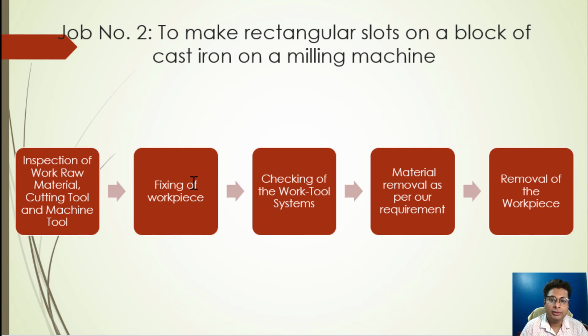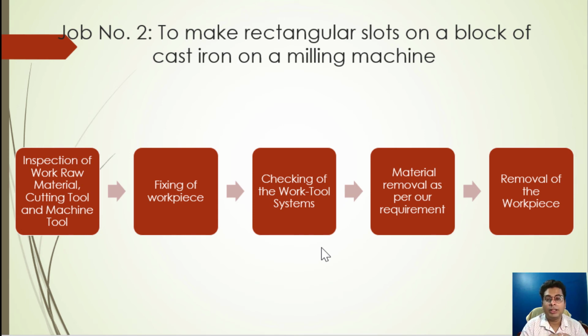After that, we need to fix the workpiece onto the vise. After fixing the workpiece, we check the work tool system before initiation of the metal cutting operation. We need to recheck the operations we need to perform. If we don't do that, it might happen that during machining of a particular component, the machine stops.